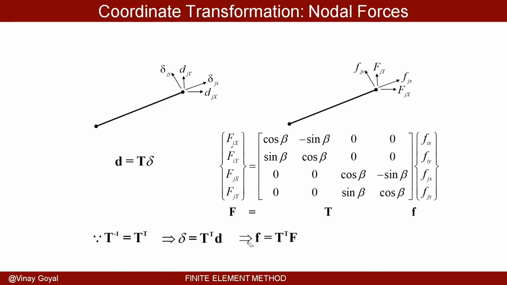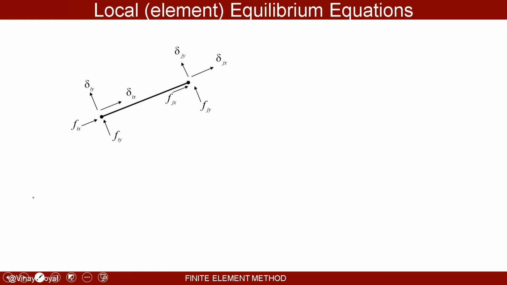But now let's look at the local element behavior in the local element system. Remember, small f and small del are in the local element system. So what does that look like? Well, I already know that for a bar that looks like this, with a local element system small x, small y, in reality the only forces this thing can transmit is axial.